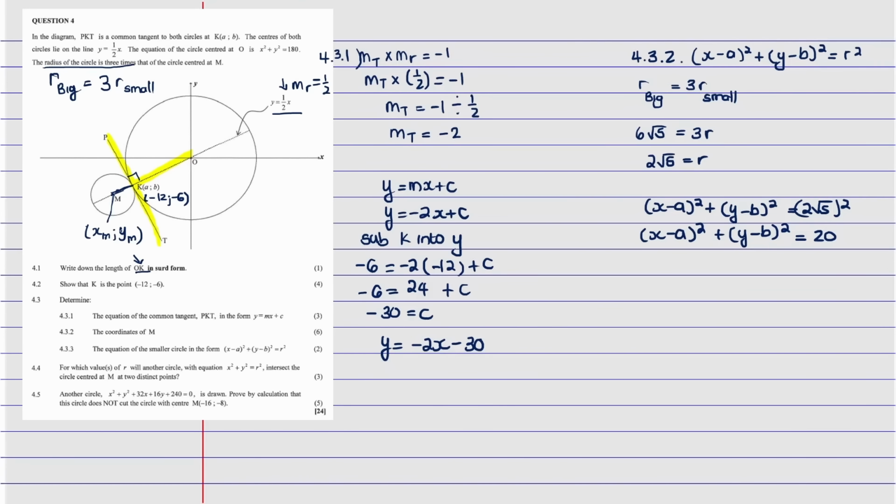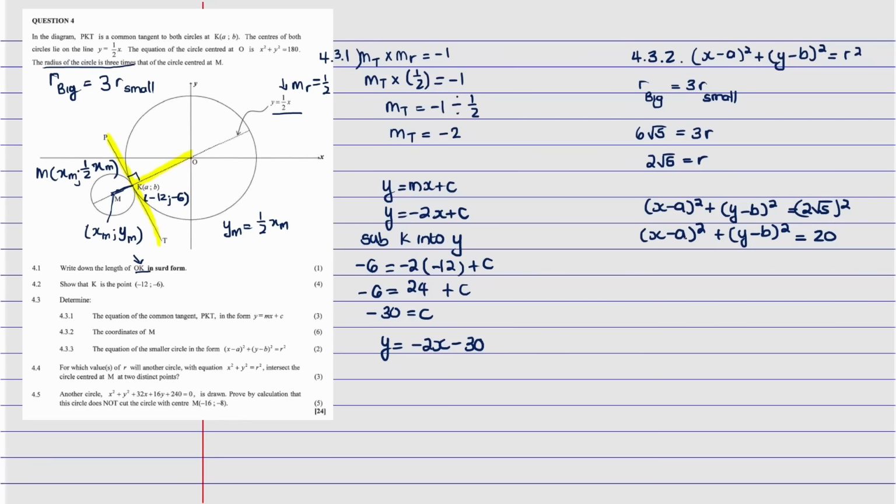If I substitute XM here, YM is equal to 1 over 2 XM. So I can write M as XM, and instead of writing Y, I substitute this, 1 over 2 XM.